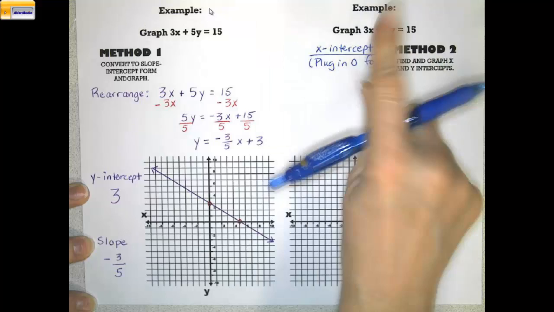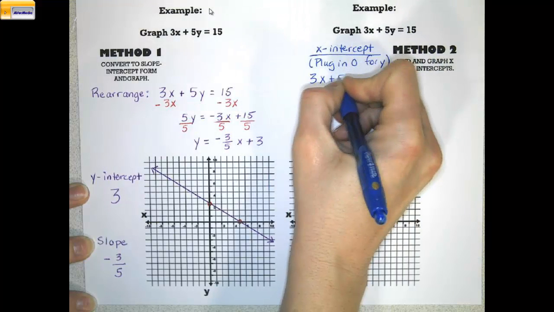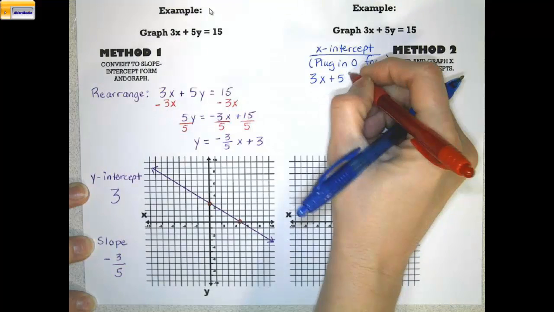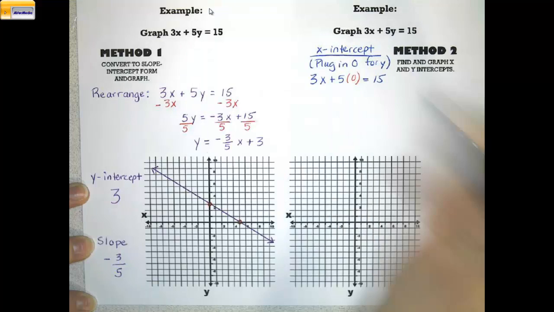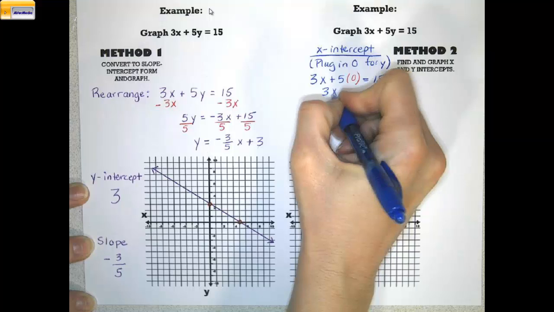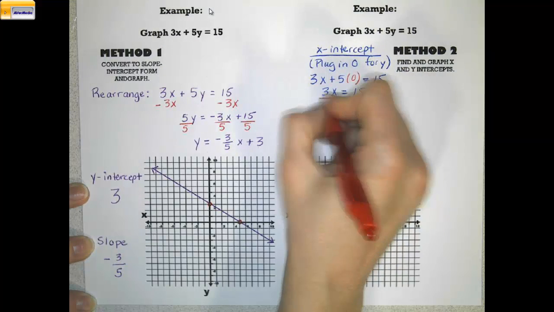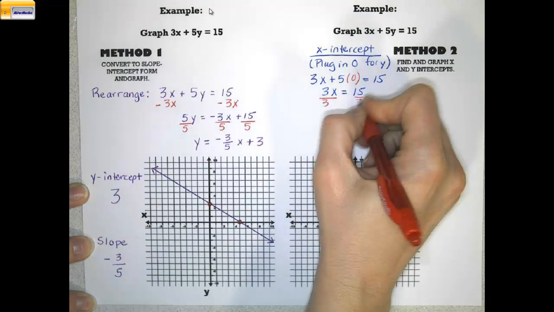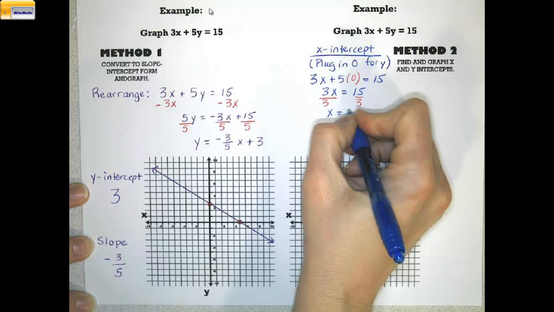So I'm going to use my original equation, 3x plus 5, and in this case, I'm going to let y be 0 equals 15. 5 times 0, of course, is 0, so I get 3x equals 15. To solve for x, I will divide both sides by 3, which gives me the answer x equals 5.